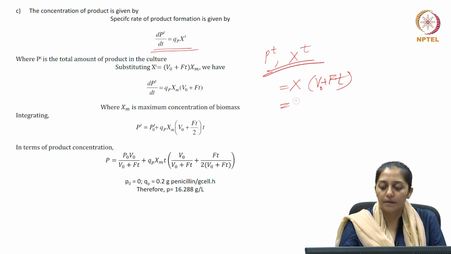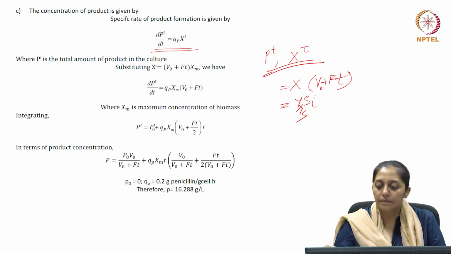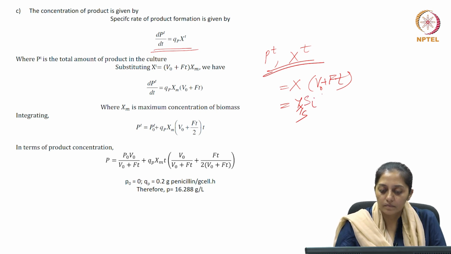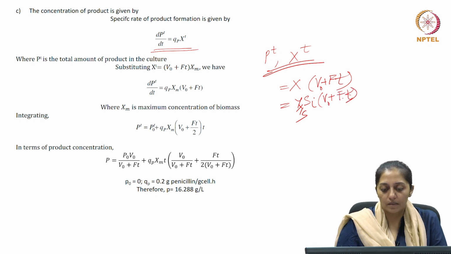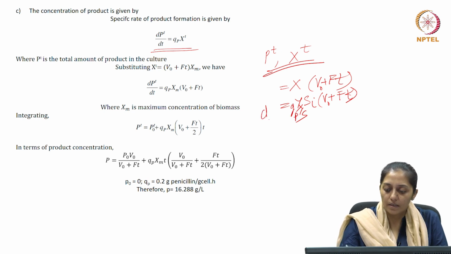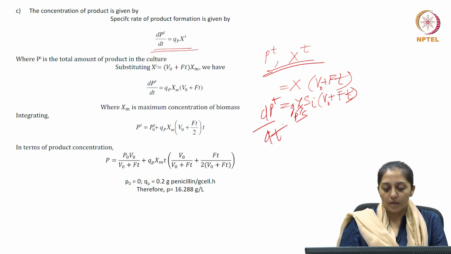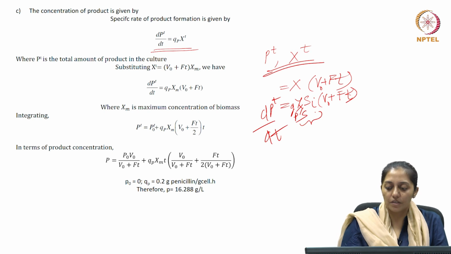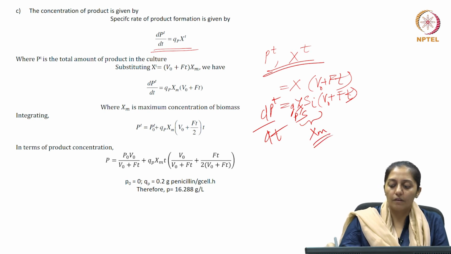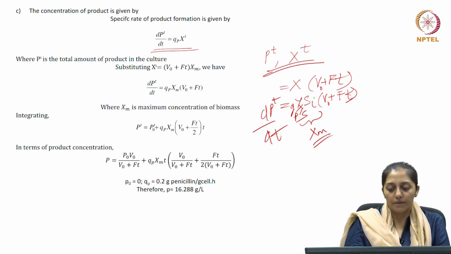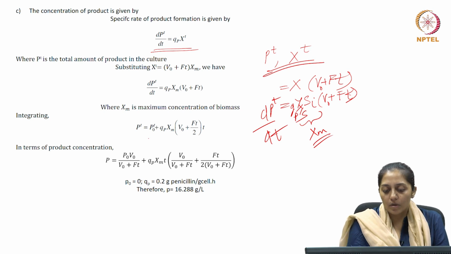So, we can write it as Yx/s Si multiplied by (V0 plus Ft) into Qp is dPt by dt. Now, if the maximum biomass concentration is known, then fine, otherwise it can also be obtained if Si is known.